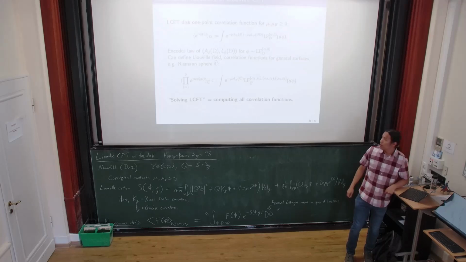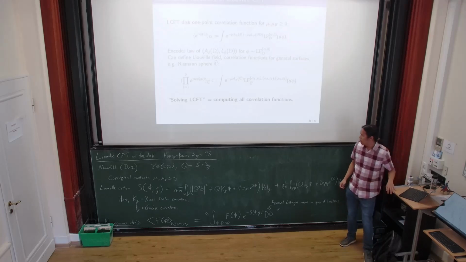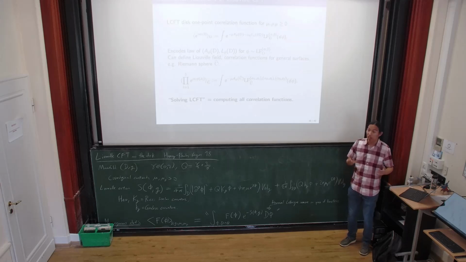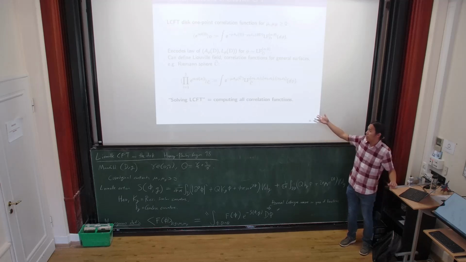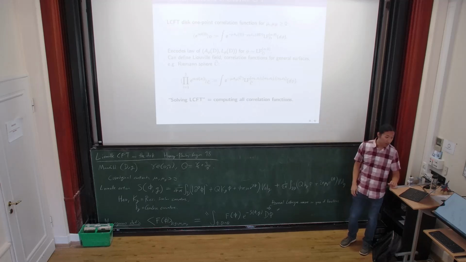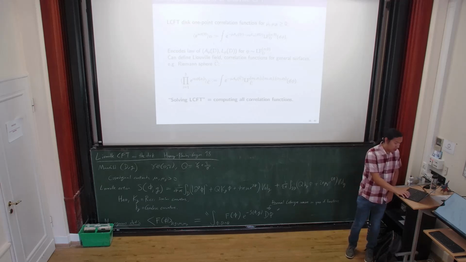Okay, so the goal in CFTs is to compute all of the correlation functions. So for every choice of manifold, you want to be able to write out an expression for the correlation function. And on Friday, I'll say more about exactly what has been done for Liouville theory.